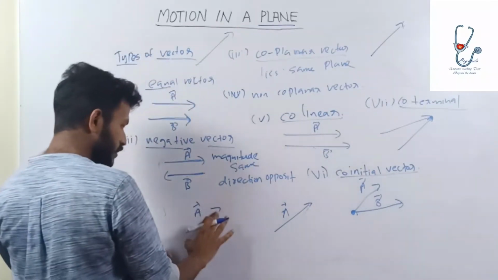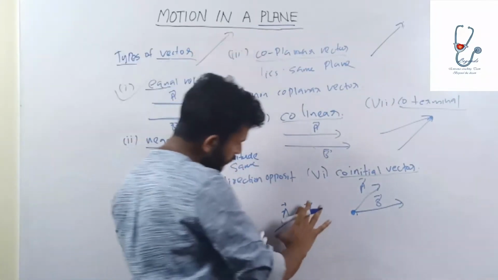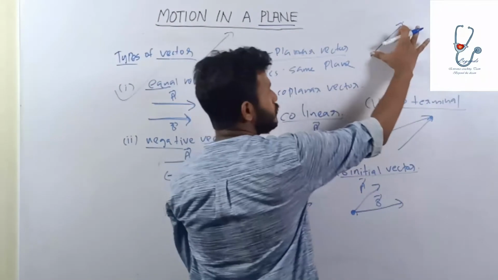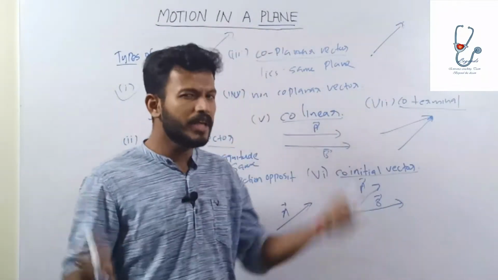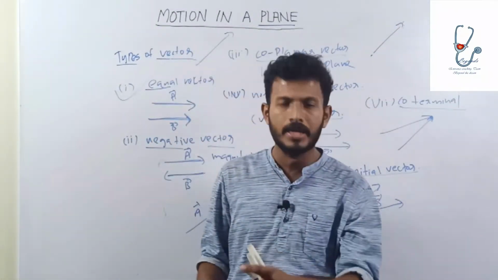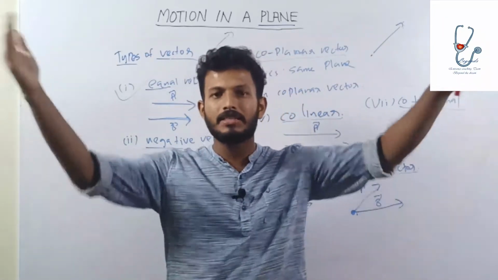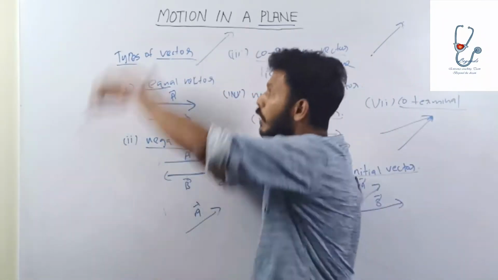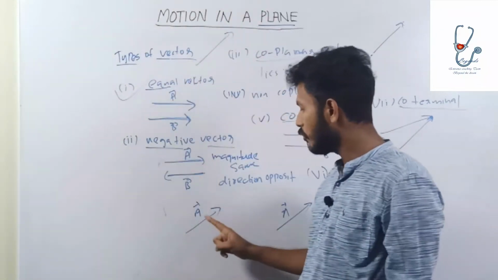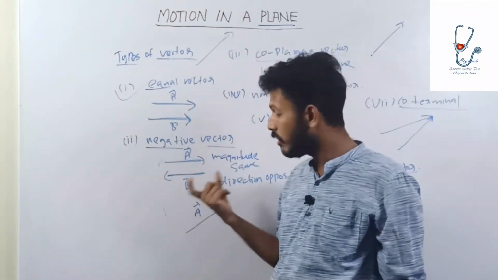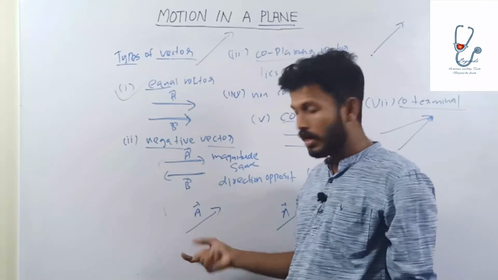So this is vector A, this is also vector A, and this is also vector A. Very important point: a vector can be transformed, replaced, or replotted without respecting its locality in space.